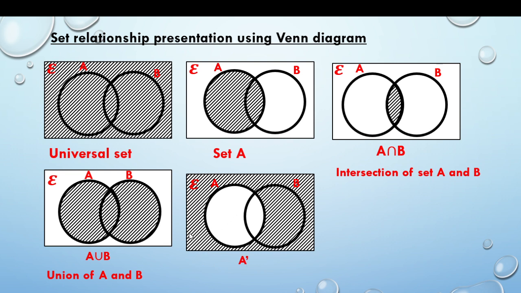It is supposed to be shaded like this, where these are the elements that are not part of A, which can be read as complement A. Right? Let's move on.